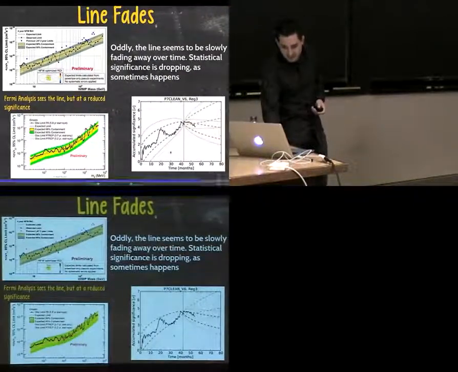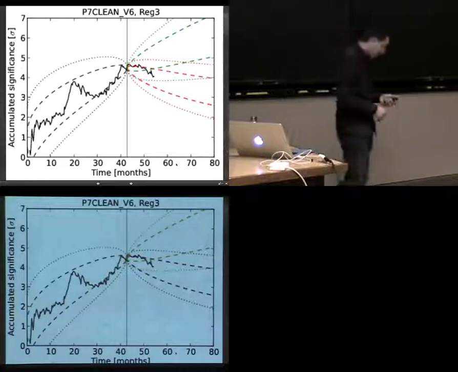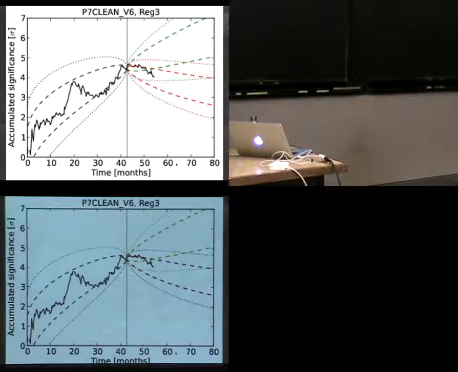The saddest part is, here was the significance of the line as a function of time. This is Christoph's sad plot, I think he calls it. And here's how many months the instrument had been operating. And here was how significant you would have said the gamma ray line was at different times. So it got to 1 sigma, and in about 15 months it got to 2 sigma. And you expect wiggles, because these are just small statistical fluctuations.